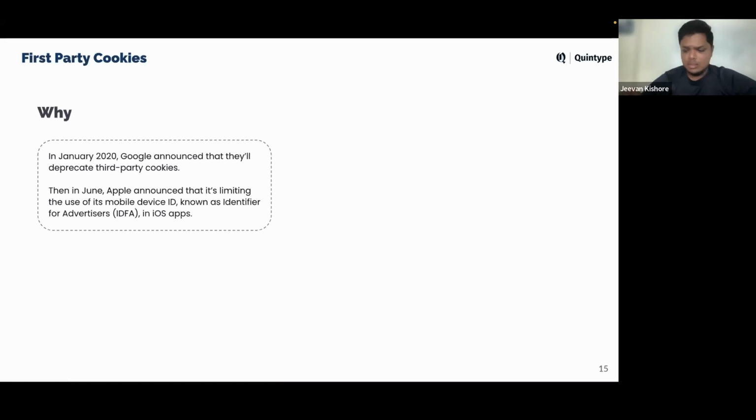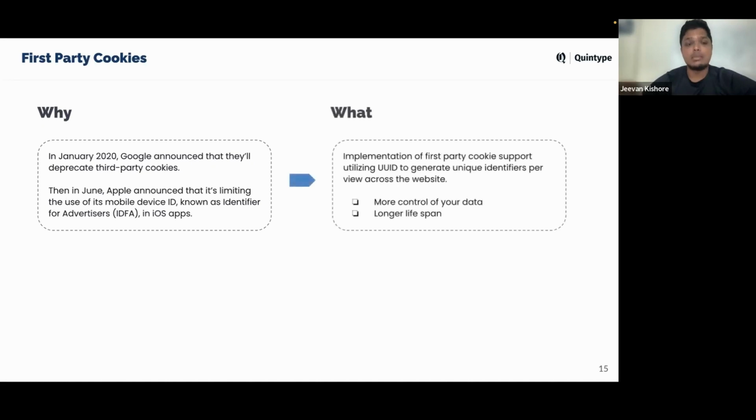So after this was in place, we had to come up with a solution for tracking who is visiting your website, what their behavior is, and how you identify a user who is anonymous, right? So you could tie a session around the person to eventually gather enough data to model that person.